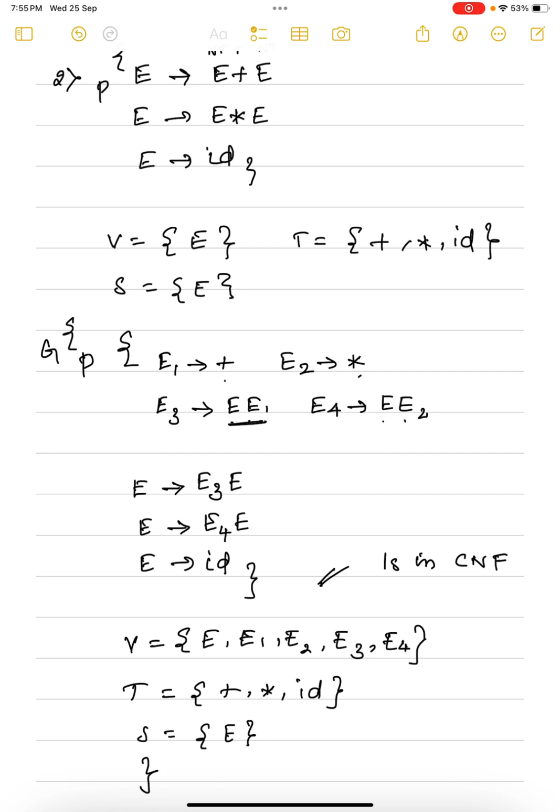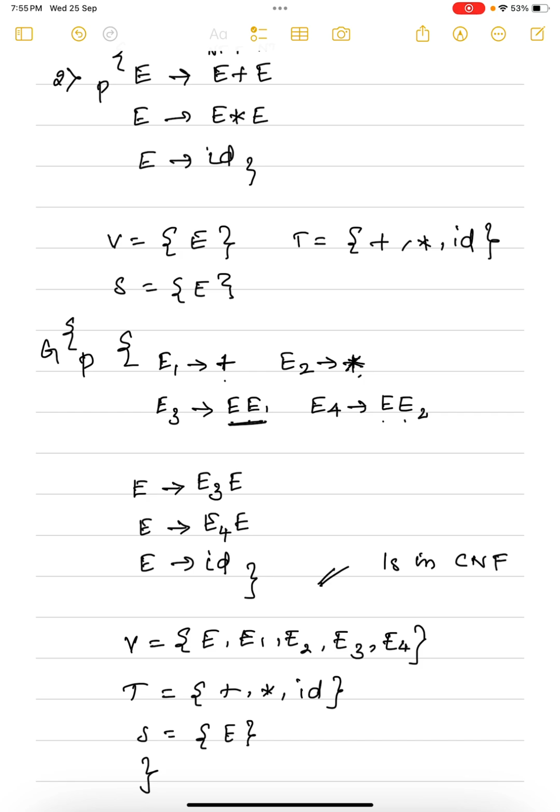So first we need to derive or introduce new symbols that do not violate anything. We have to try and introduce new production. That new production should also be in Chomsky normal form. So see here, I have introduced E1 tends to plus and E2 tends to star.